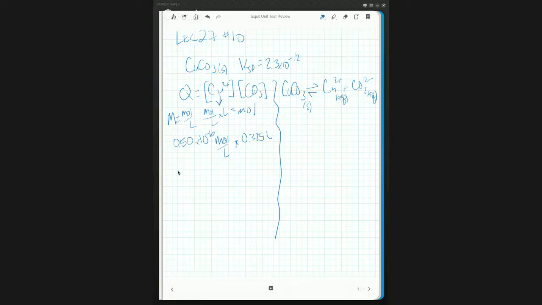Sorry. So 1.625 times 10 to the negative 7th moles, and then you divide it by the total liters. So 325 plus 325 is 0.75, I believe.